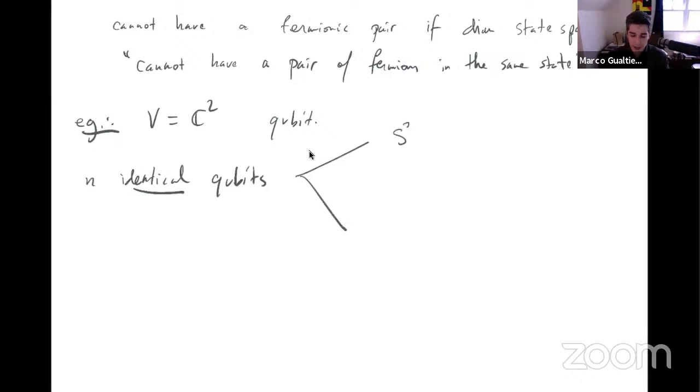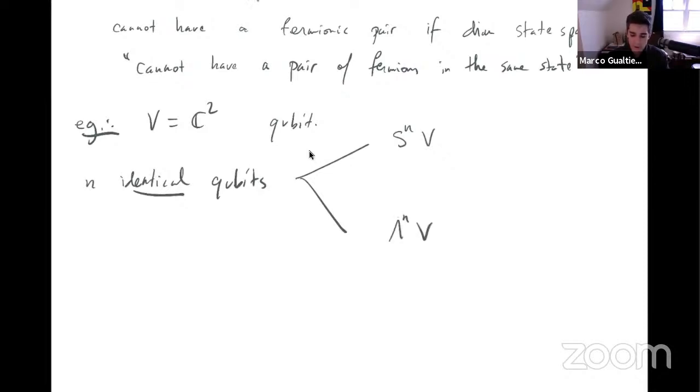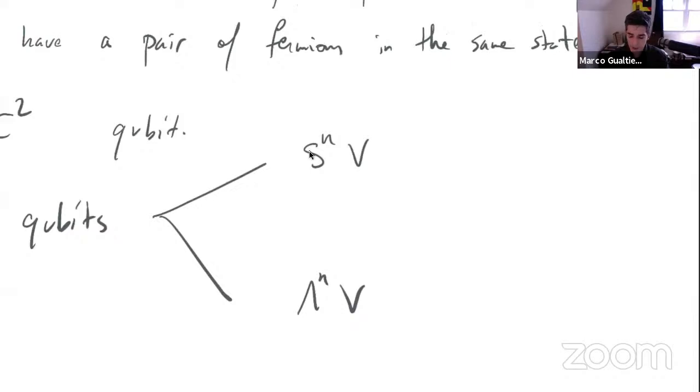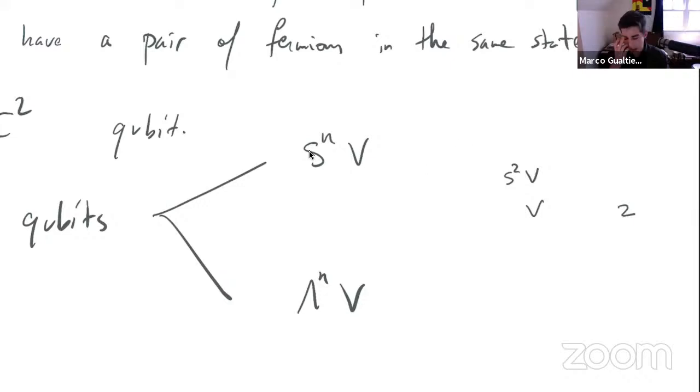You could take S^n V, or you could have wedge^n V. So how does this behave? V has dimension 2. If I take S^2 V, this would be symmetric.